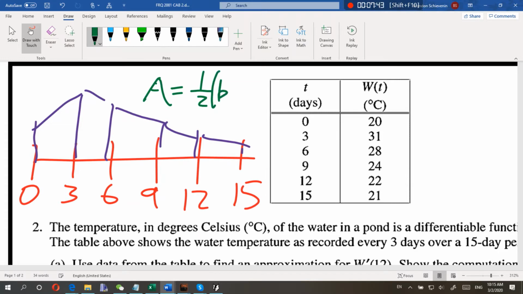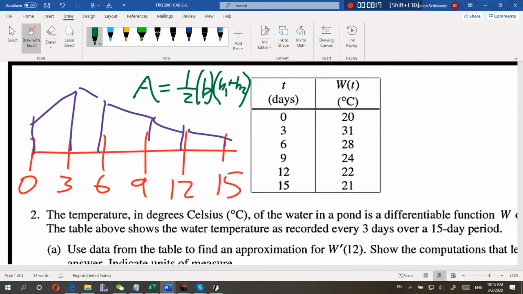So that's 1/2 times your base, times... Okay, so the area of a trapezoid is your average of your heights times your base. So what are my two heights? 20 and 31. Okay, so my general form would look like this. H1 plus H2, that's the average of my heights, H1 plus H2 divided by 2 times your base. Okay, so I'm going to do that for each of these.